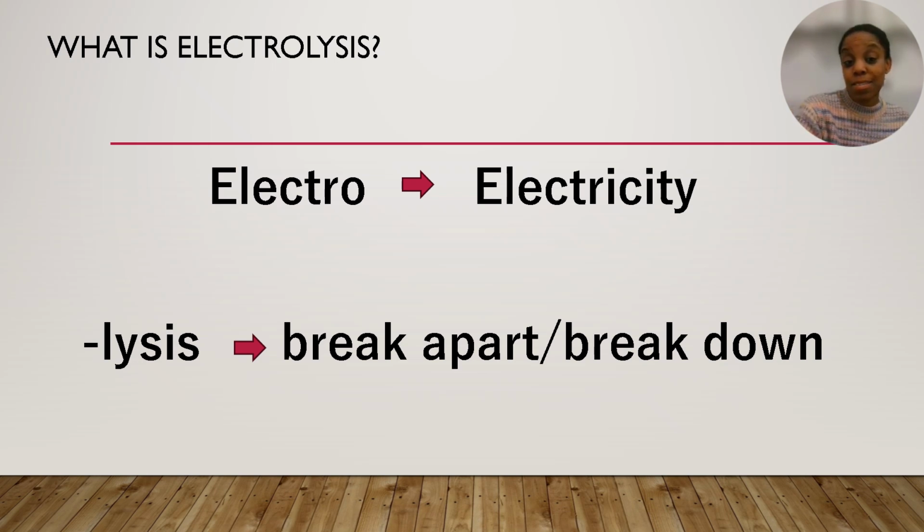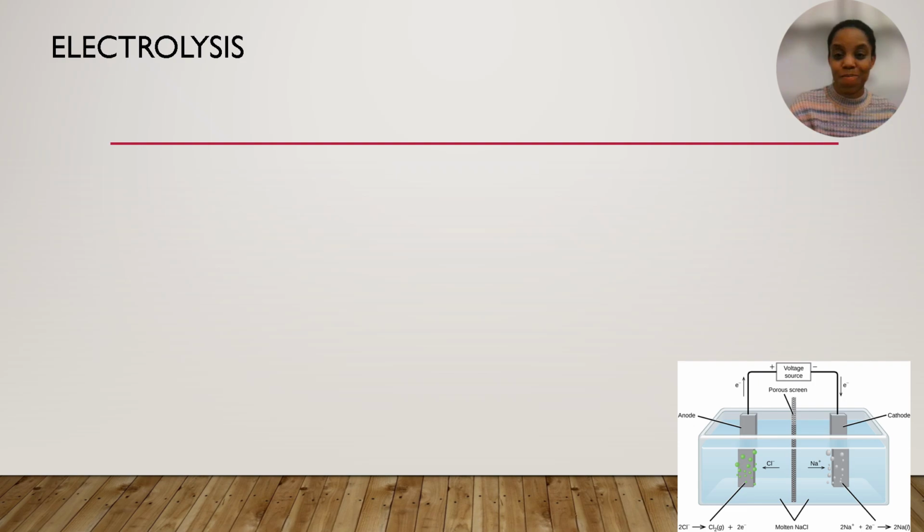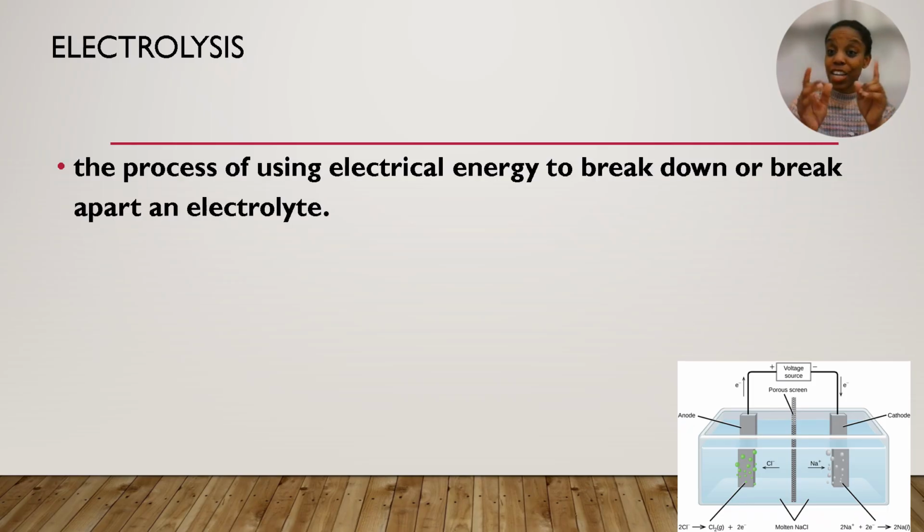So that means that electrolysis is us using electricity to break down or to break apart something. In this case, the thing that's going to be broken apart is the electrolyte. If you look at the diagram directly below, you'll notice that the container has some liquid in it, and that liquid is our electrolyte.